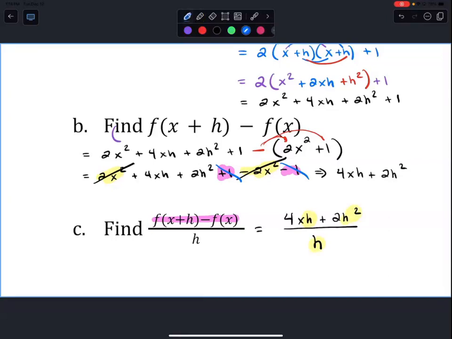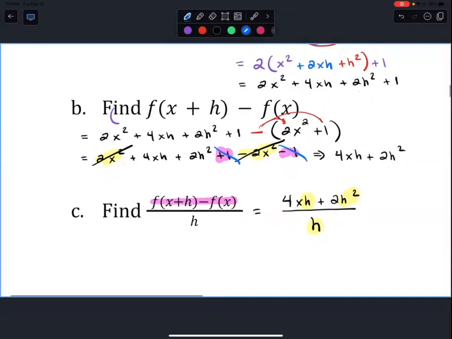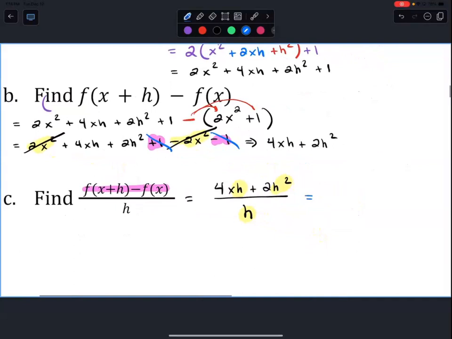I'm going to cancel an h from all of them, and if I do so, the h's will cancel out from here, and you get 4x, and 1h will cancel out here, leaving me with 1h left. So 4x plus 2h. And that is my difference quotient. In the next example, I'll show you how we're going to use that difference quotient to find the average rate of change.